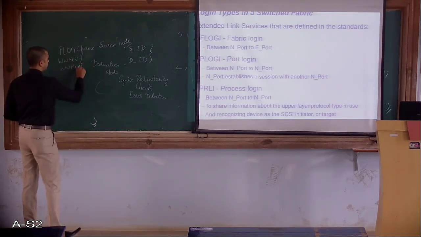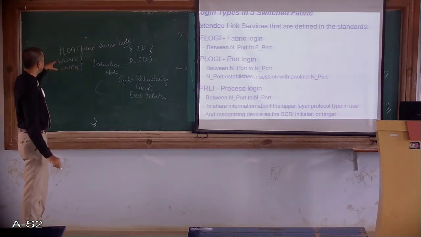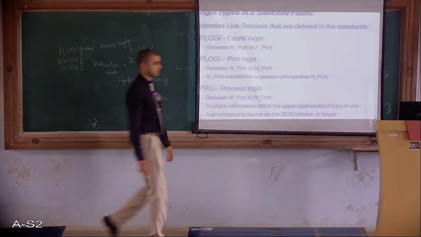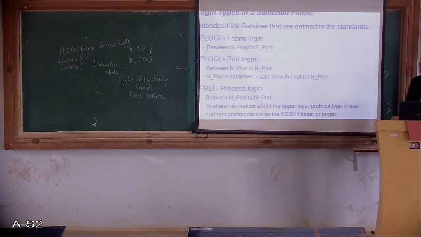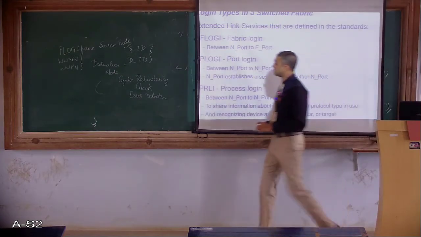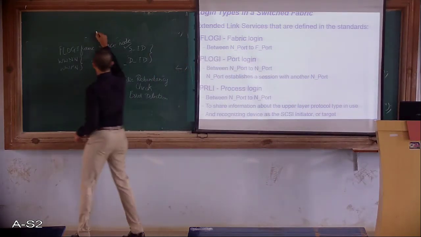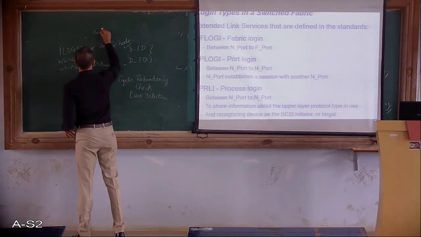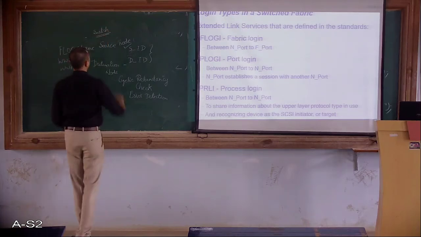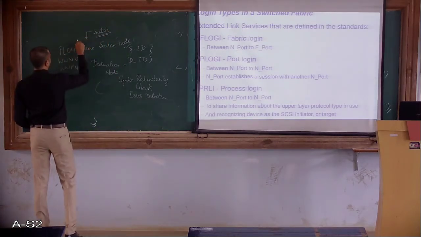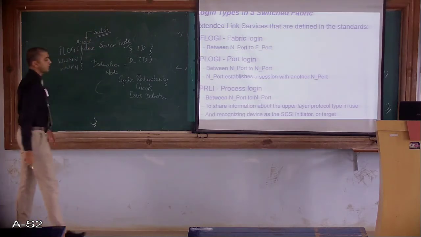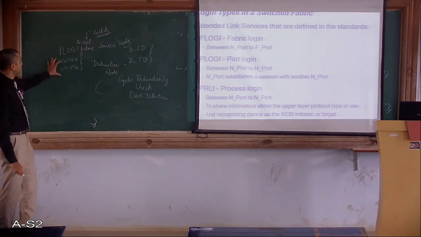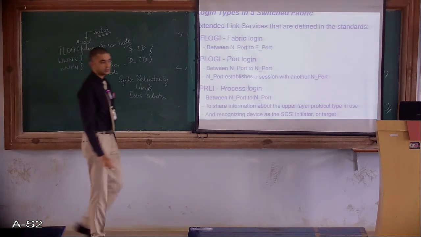So along with this F-log-I frame, these two parameters are sent. Once these two parameters are sent, the next step is that the switch to which this particular login is sent, it sends an accept request. It tells that the login has been accepted and your request for a particular service has been accepted.